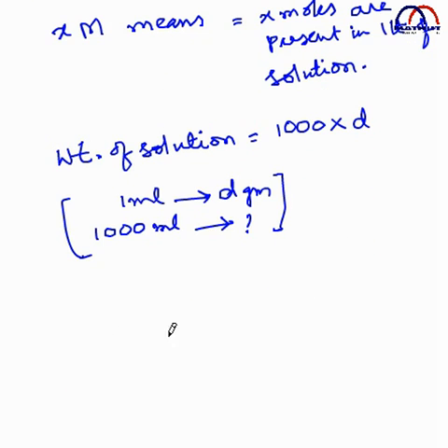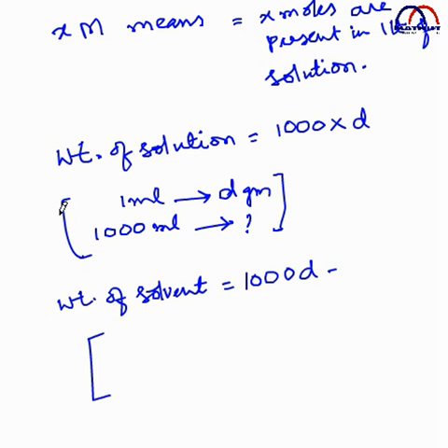Okay. Now I want weight of solvent. Weight of solvent is equal to, how do I get? Weight of solution minus weight of solute. This is the weight of the solution. What is the weight of the solute there? Okay, that also we can find out here. How? You see, the number of moles of solute we know, how much?